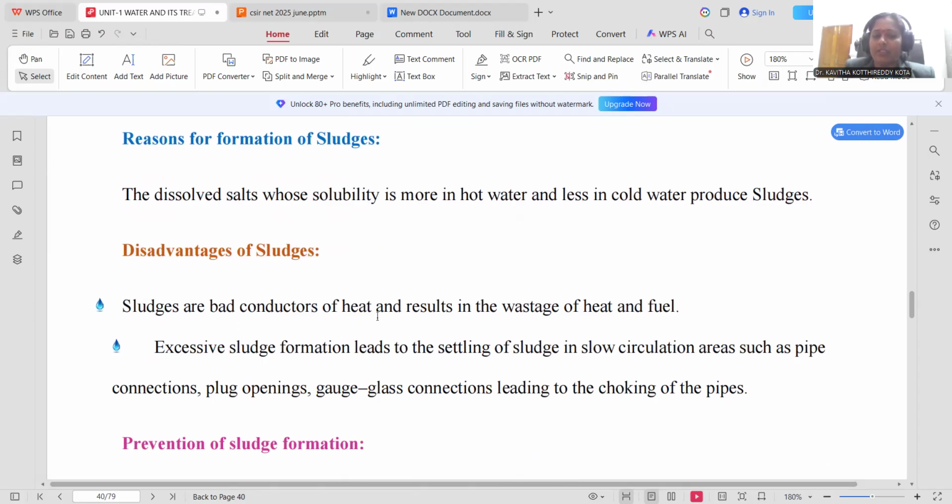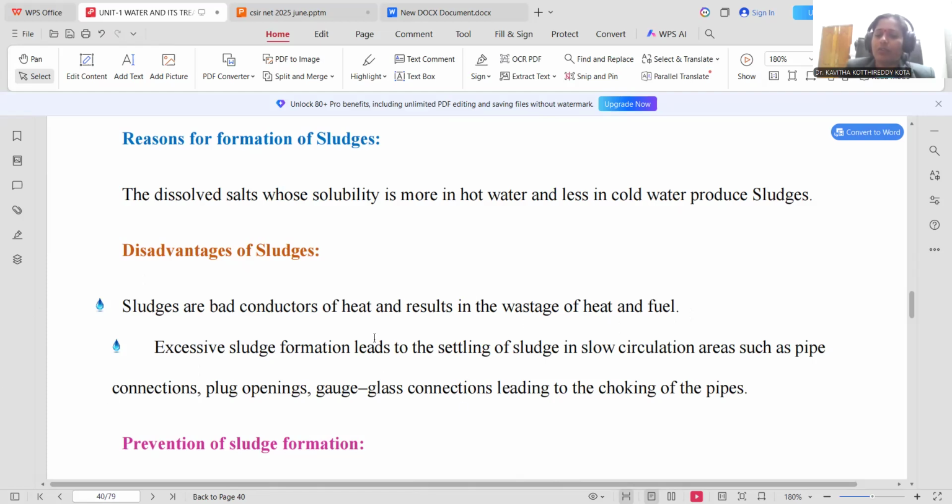Sludges are bad conductors of heat and result in the wastage of heat and fuel. Whenever water gets concentrated because of the sludge formation, it forms a layer at the bottom. Whenever a sludge layer is generated, that is a bad conductor that becomes an insulator of the heat. Whenever you are boiling continuously, still that heat is not reaching the water and steam generation may not be possible continuously.